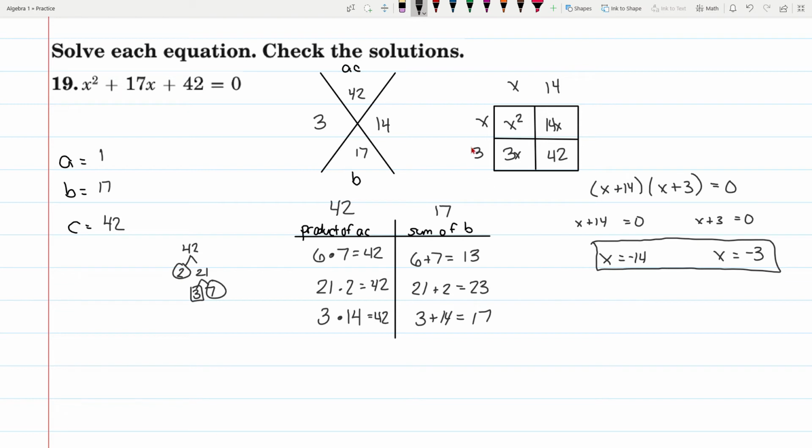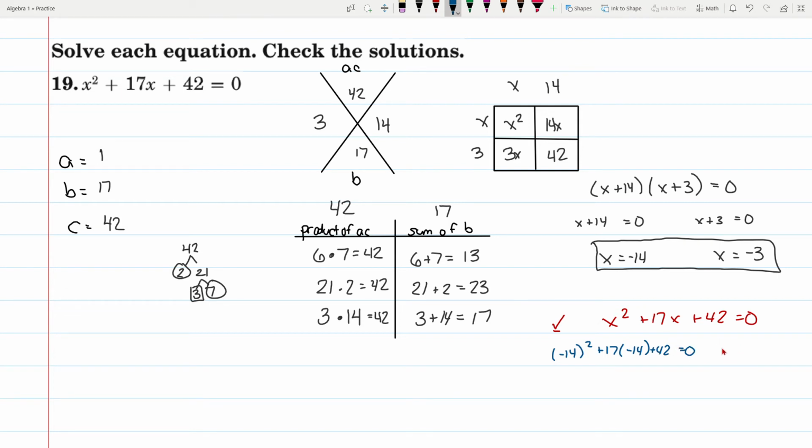Checking. Go back to the original to check. Our original was x squared plus 17x plus 42 equals 0. And so on one hand, you would have negative 14 squared plus 17 times negative 14 plus 42 equals 0.